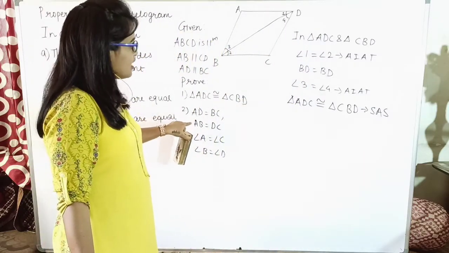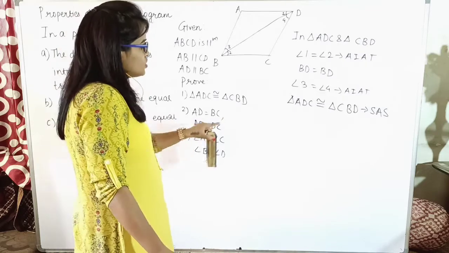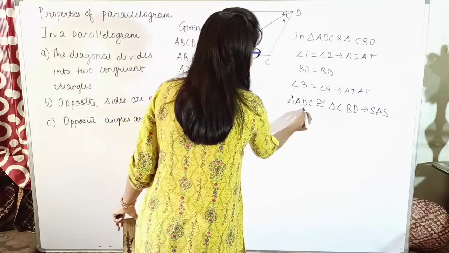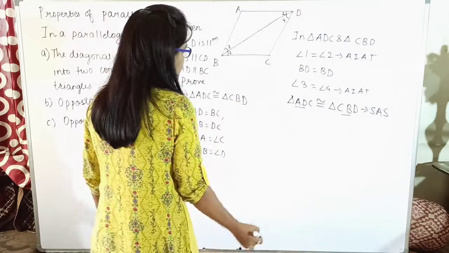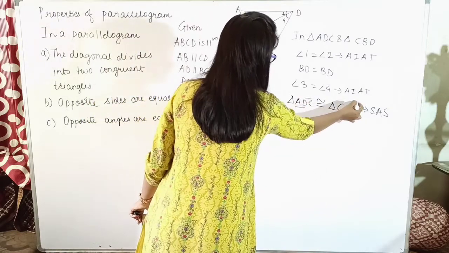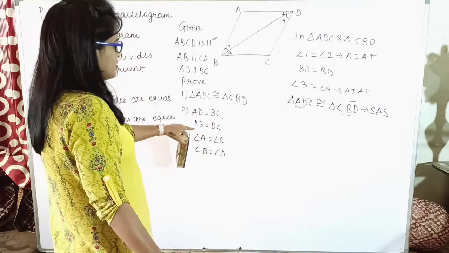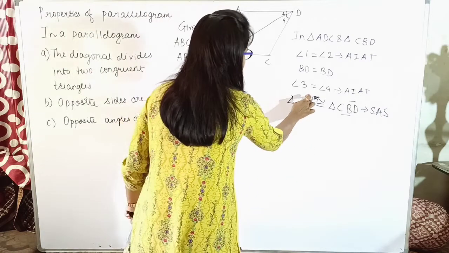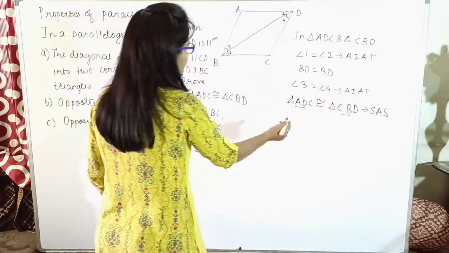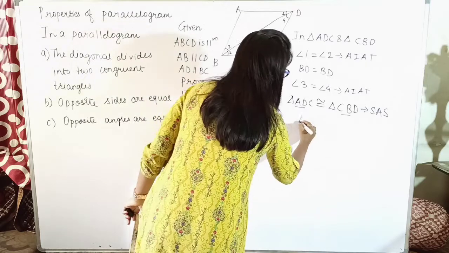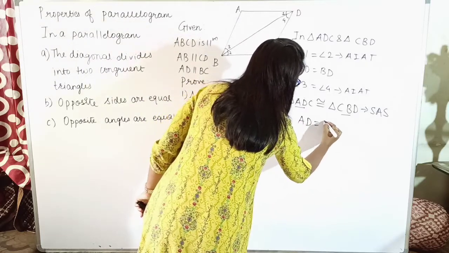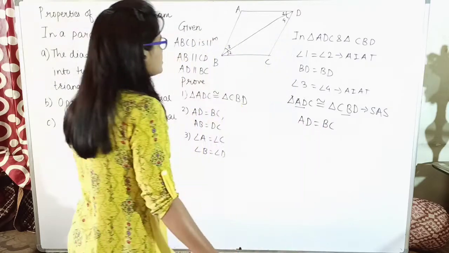The next one, opposite sides are equal. So by CPCT, can I write AD equal to BC, whereas CD equal to BD? Sorry, not CD. AD equal to BC. Let us write down first that. So AD equal to BC, which is the first CPCT.